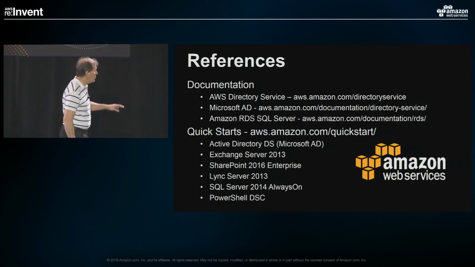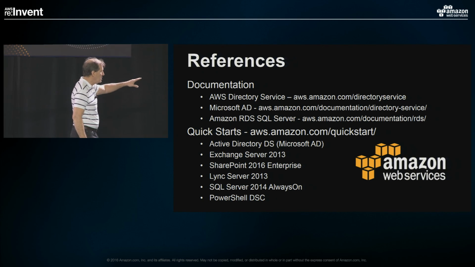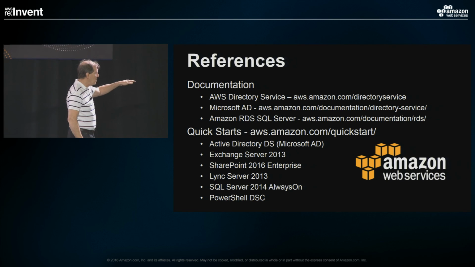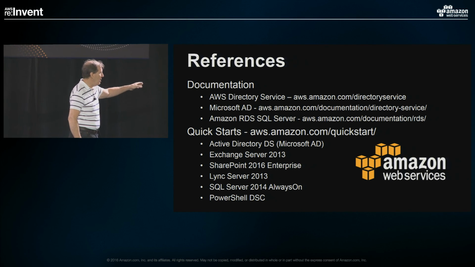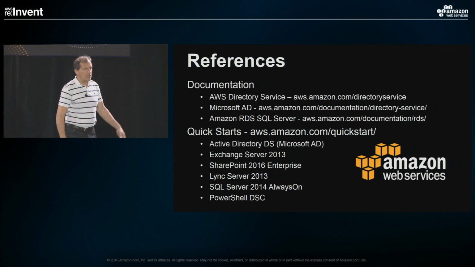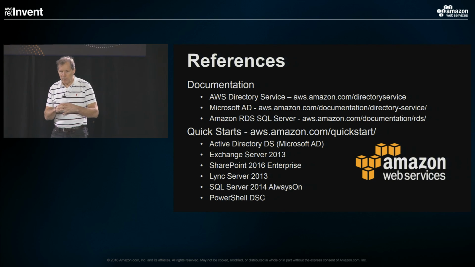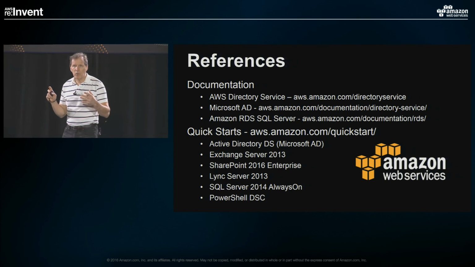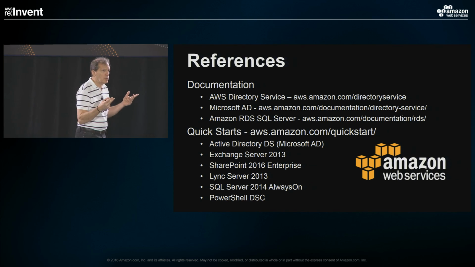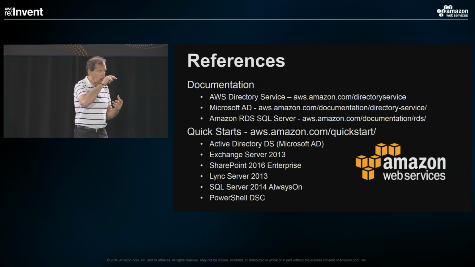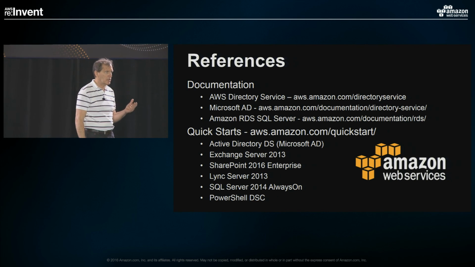Okay, so these are really good tools. We've got a number of Quick Starts that talk about deploying Active Directory in the cloud, Exchange Server 2013 in the cloud, SharePoint, all these things. And they also come with CloudFormation templates that you can use to quickly set things up. So you can use CloudFormation templates and just get this stuff up and running. And otherwise, you can use the PDF files to follow along on a step-by-step basis.